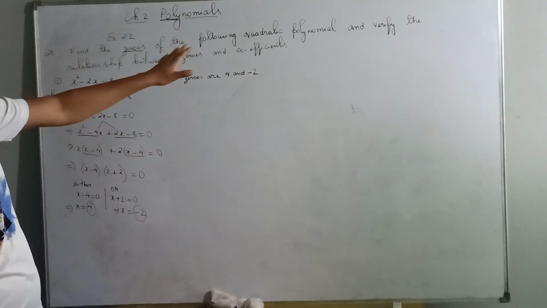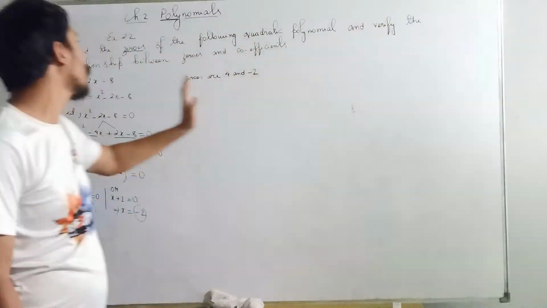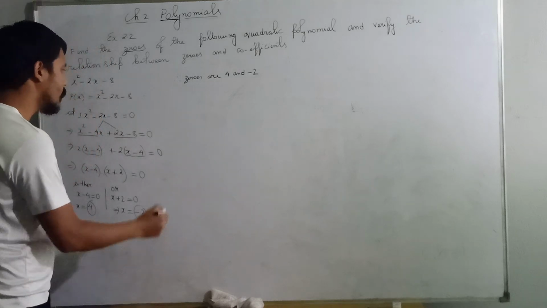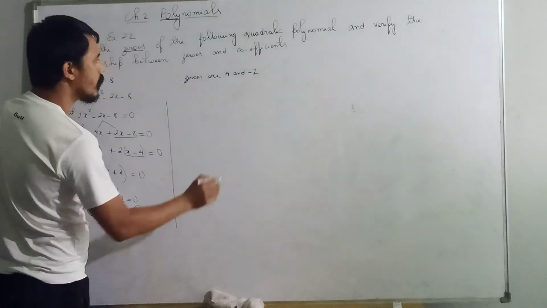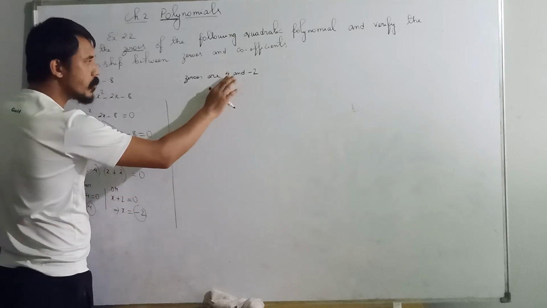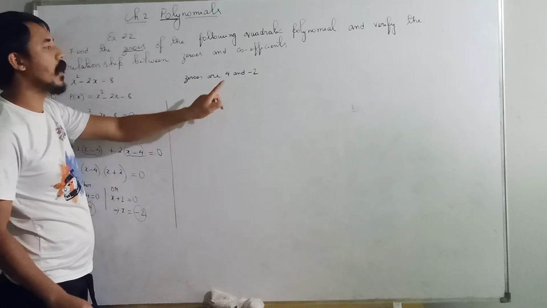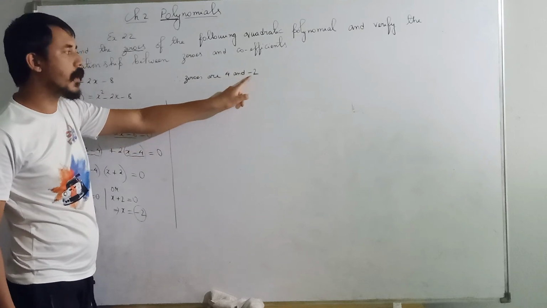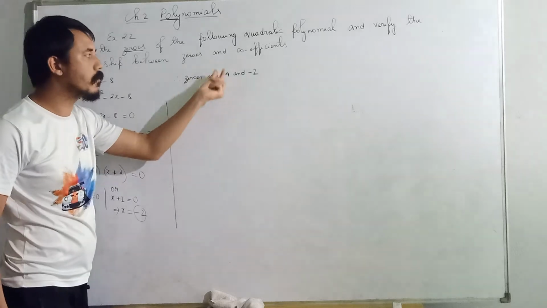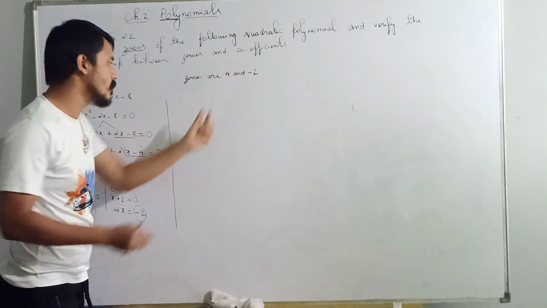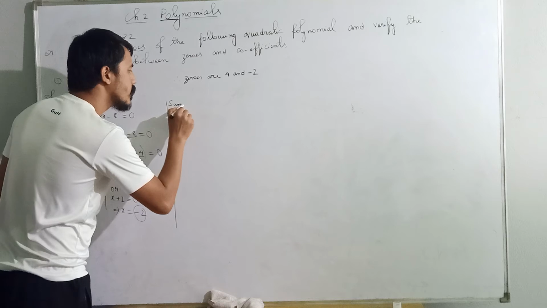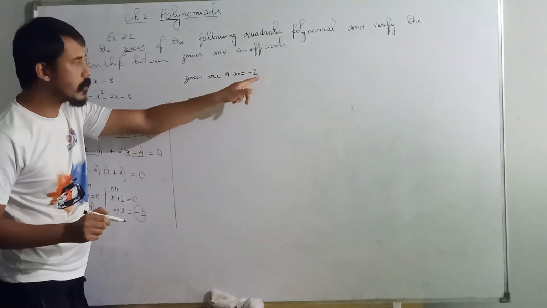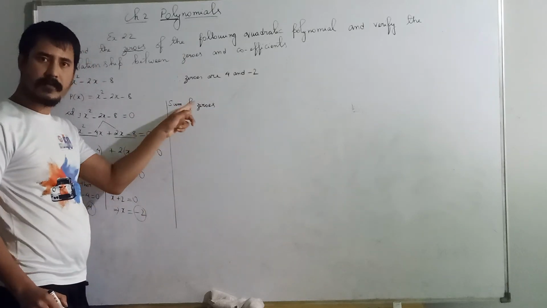Now, since we have obtained the zeros, we will verify the relationship between zeros and coefficients. Since we have obtained the zeros, I'm going to find their sum. 4 and minus 2 are the zeros, so I'm writing sum of zeros.